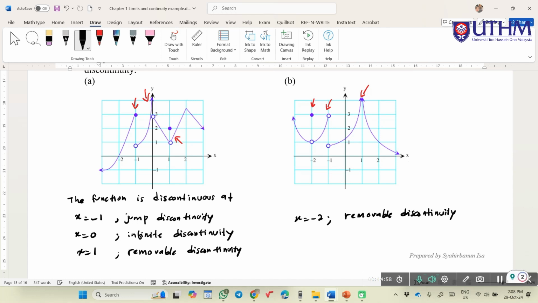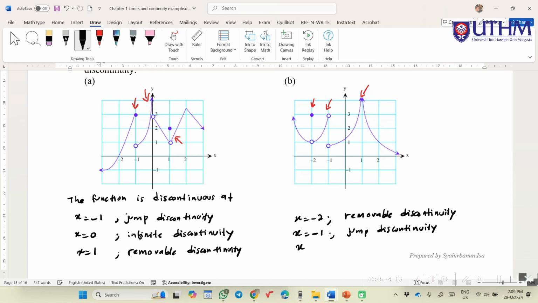Next is x equals -1, which is a jump discontinuity. The last one is x equals 1, which is an infinite discontinuity.